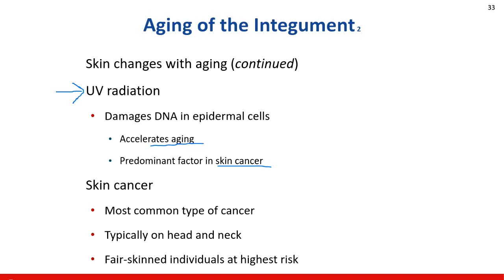It is the most common type of cancer, and you need to be careful. A lot of times we see skin cancer on the head and neck because those are the areas that get the most exposure to the UV radiation from the sun. So folks like myself have to be very careful.